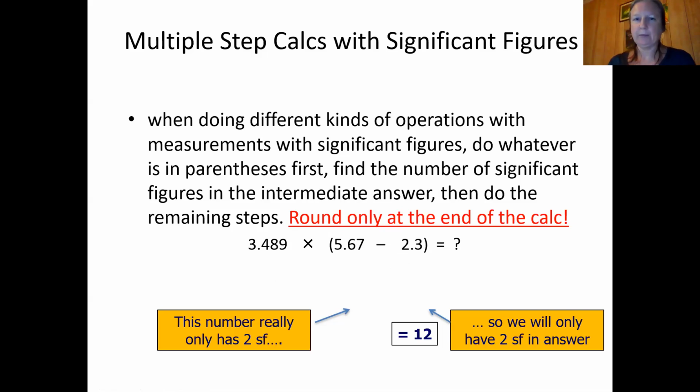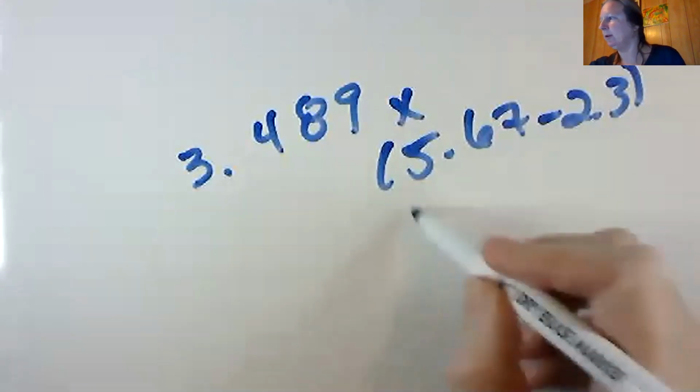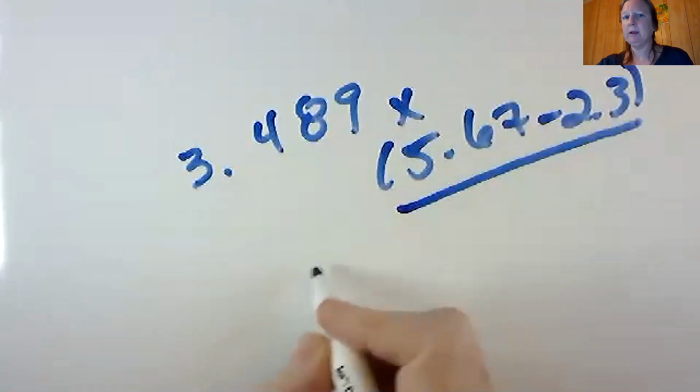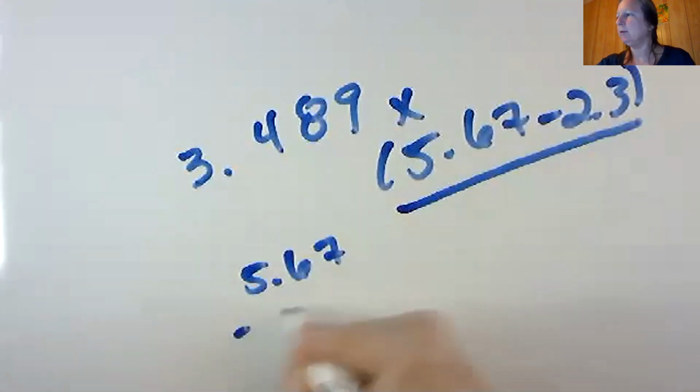Okay, this time I wrote it down. Okay, so there's the problem. Where do you start? You start with what's inside the parentheses, always. So 5.67 minus 2.3.